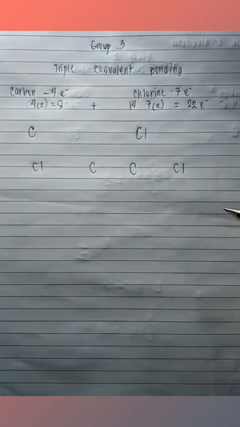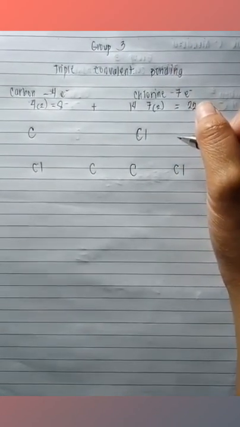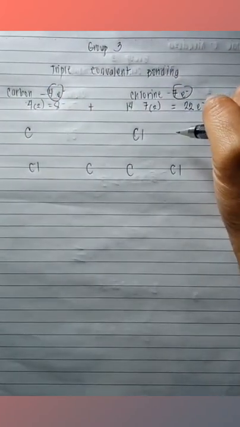Let's go to bonding. Write the symbols, which are C and C inside and Cl outside. To represent their valence electrons, which are 4 and 7, let's use dots. So 1, 2, 3, 4, and 1, 2, 3, 4.